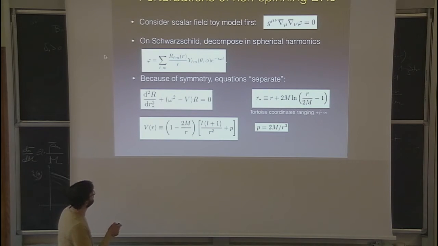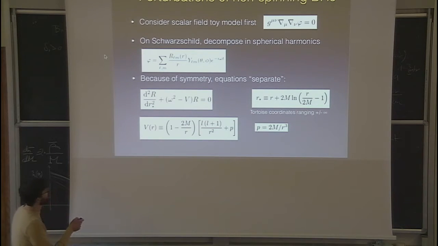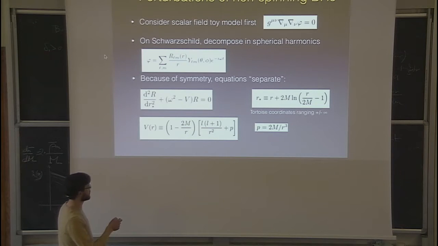All the dependence on time and on the angles factors out, and you end up with just one equation for the radial variable. So this function is a function of small r alone, and this V is a simple function of radius, mass, and the quantum number L.